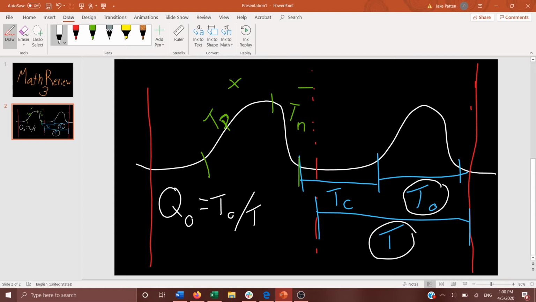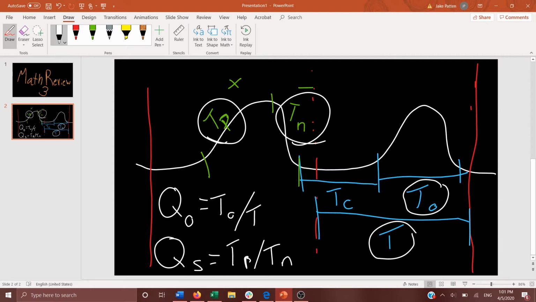All right, and then we also have the skewness quotient, Q sub S, which is going to be TP over TN. And so there you're looking at the proportion of time when the glottal opening is widening to the proportion of time that the glottal opening is closing.